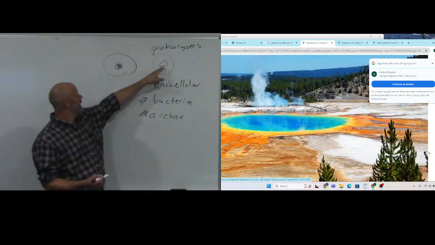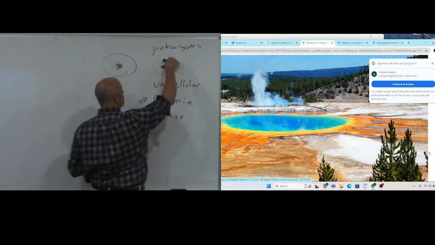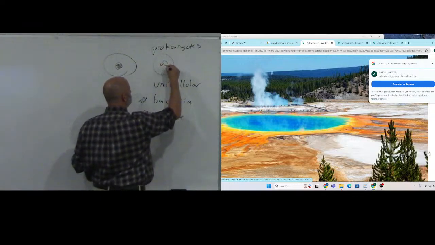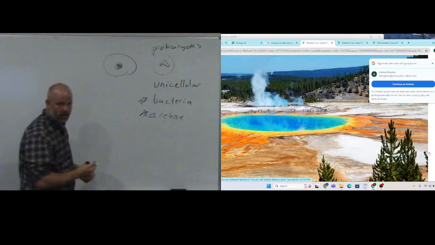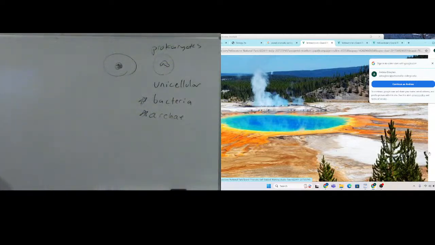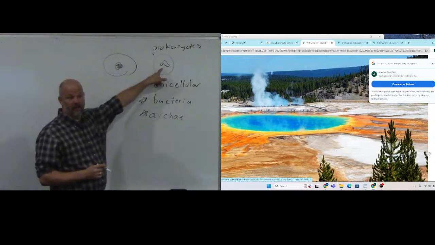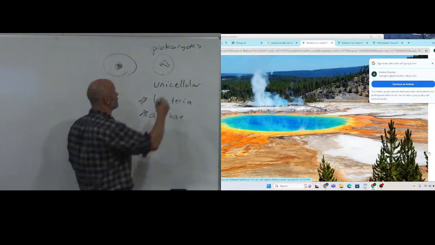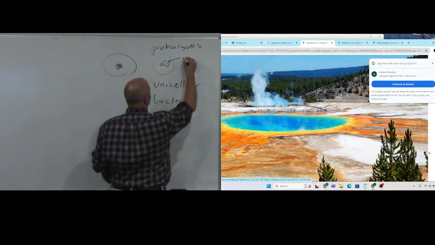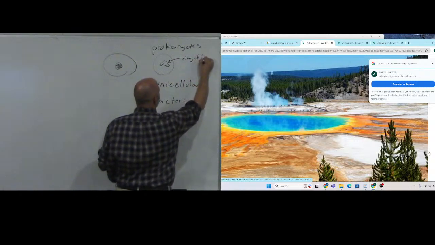What is this little squiggly thing I drew? This isn't a nucleus. It's called DNA. This is their DNA. Their DNA exists in a ring. It's just a simple ring.